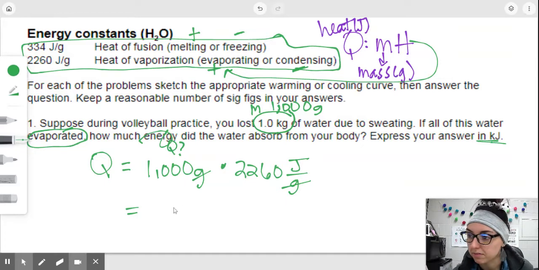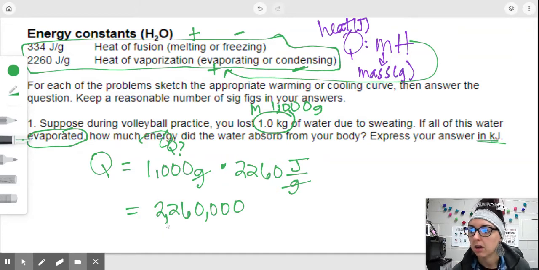So I am left with 2260 times 1,000. Multiply that out, and I get 2,260,000 joules. You can see why we want the answer in kilojoules, because that is a very large number. So we can simplify things by dividing this by 1,000, and that will get us into kilojoules.